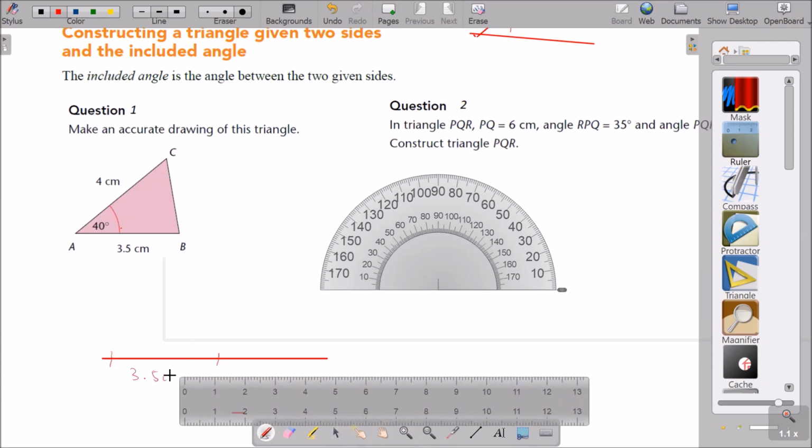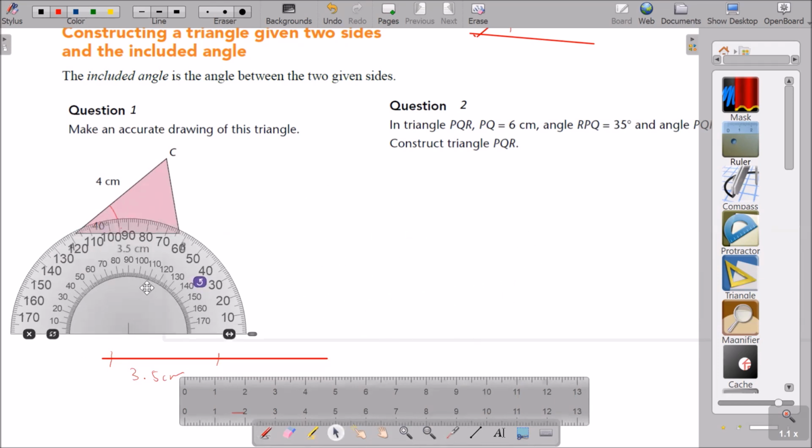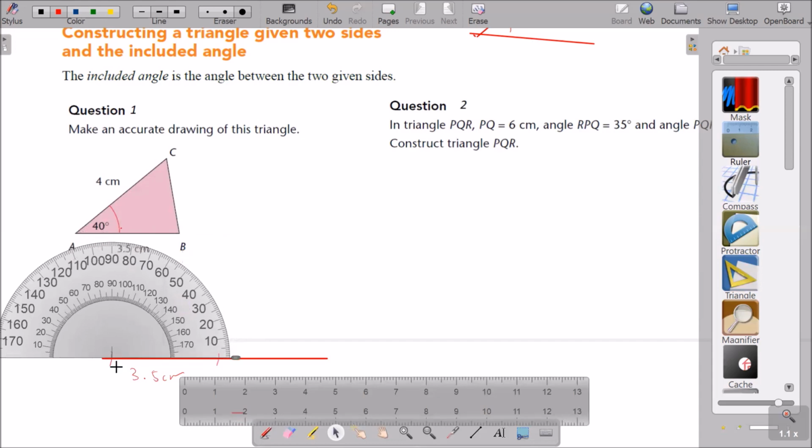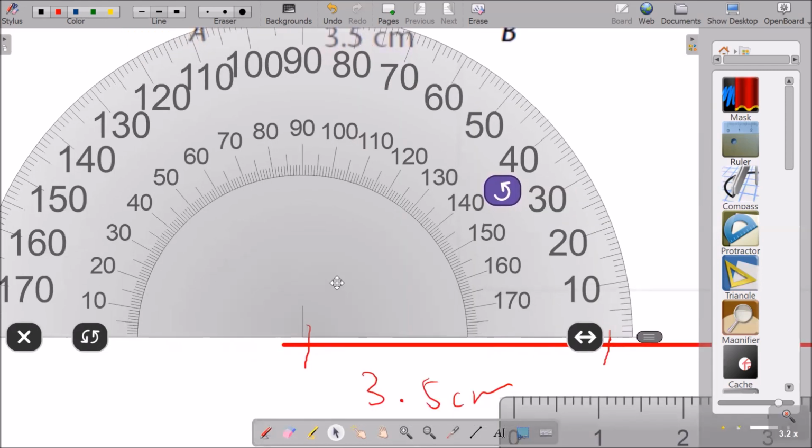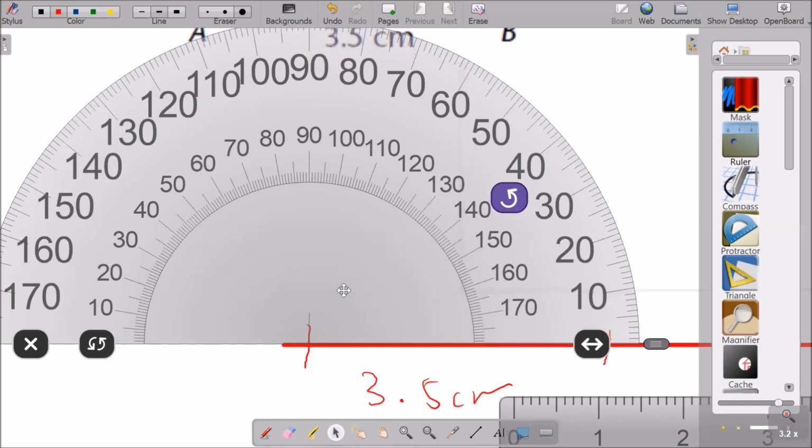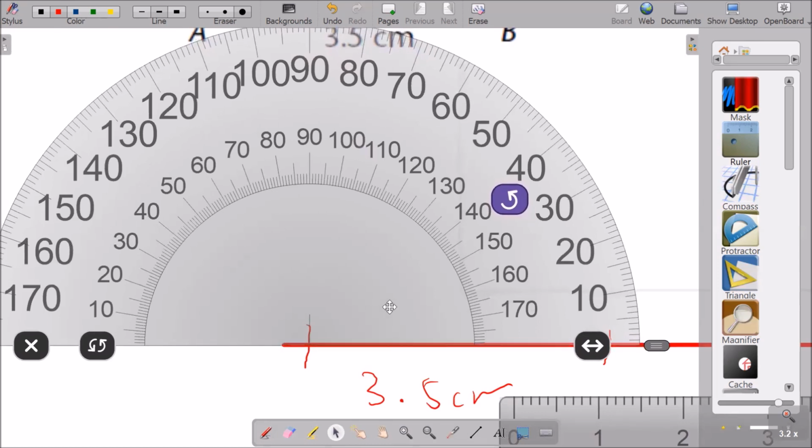Now I would like to measure this angle there. So I take my protractor, put it right there. Make sure the center point is directly where the line starts and is lying flat on the 3.5 centimeter line.